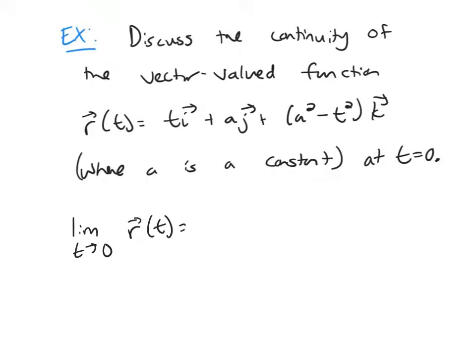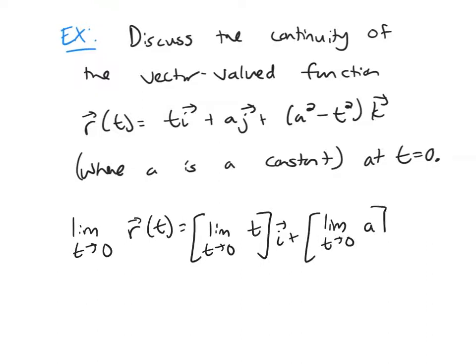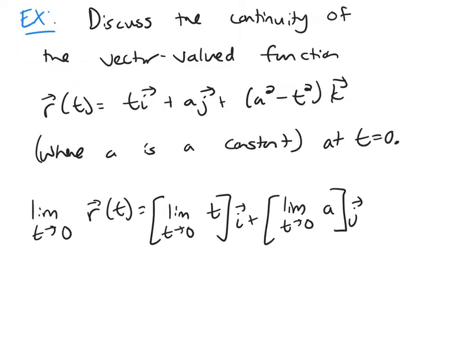So when we take a limit, remember you take the limit of each component: the limit of t i, plus the limit as t goes to 0 of a, j, plus the limit as t goes to 0 of (a squared minus t squared) k.